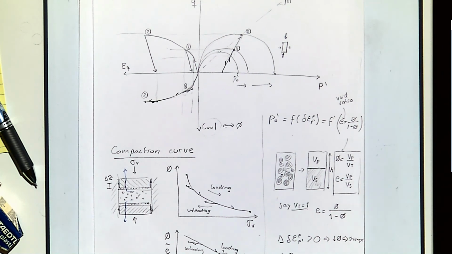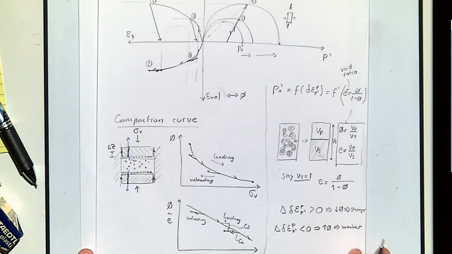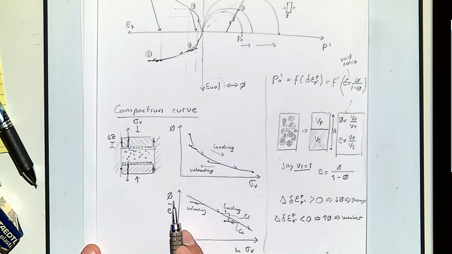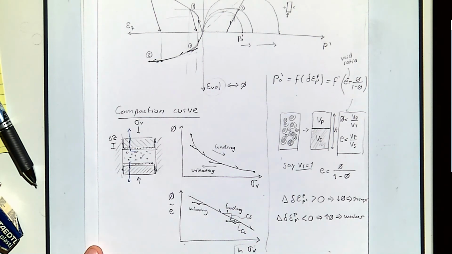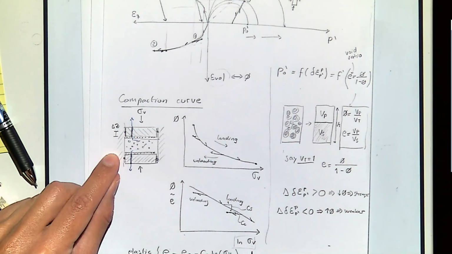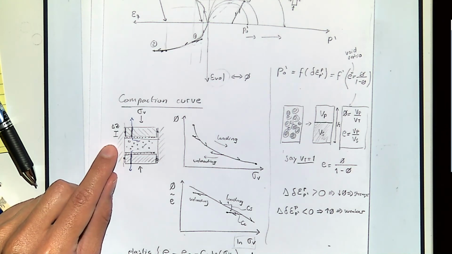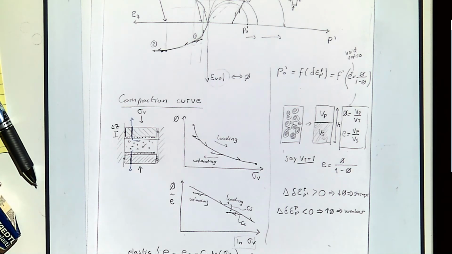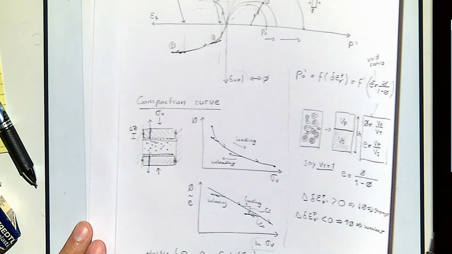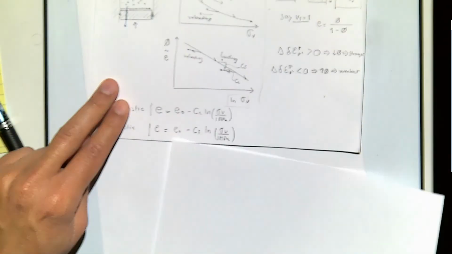All right, so this plot of porosity or void ratio as a function of effective vertical stress, we can also do instead for a type of experiment like this with one-dimensional strain. We can also do it in isotropic conditions, which means all stresses increase in all directions the same.